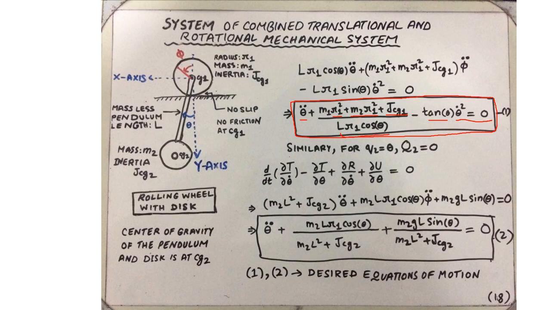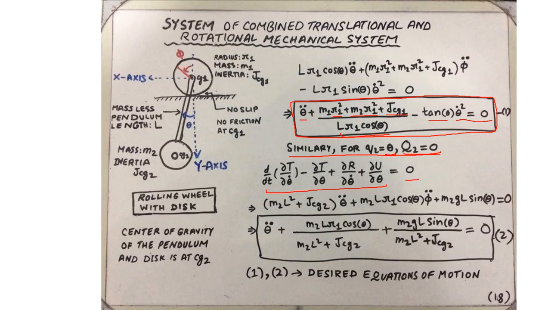Similarly, we can write down another Lagrange equation for the other displacement variable, that is small q2 set equal to theta, and the corresponding loading is 0. In this case, the left hand side contains partial derivative with respect to theta and theta dot. The right hand side is 0.